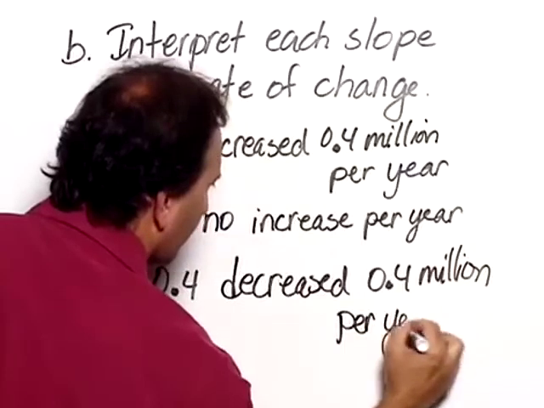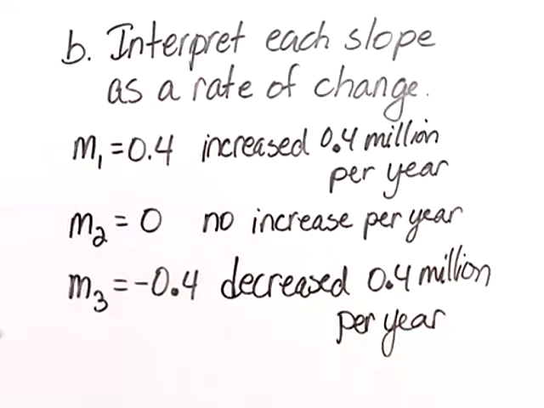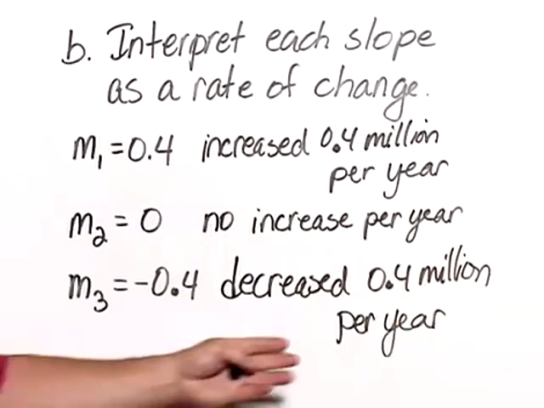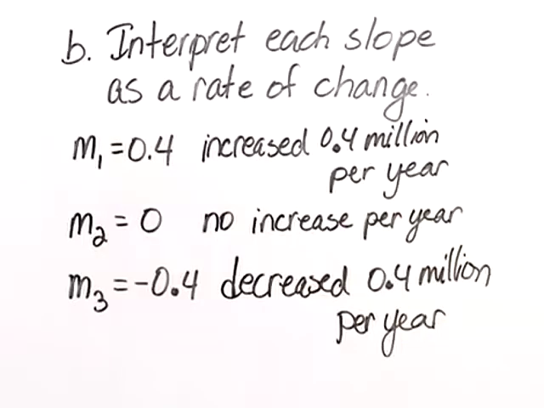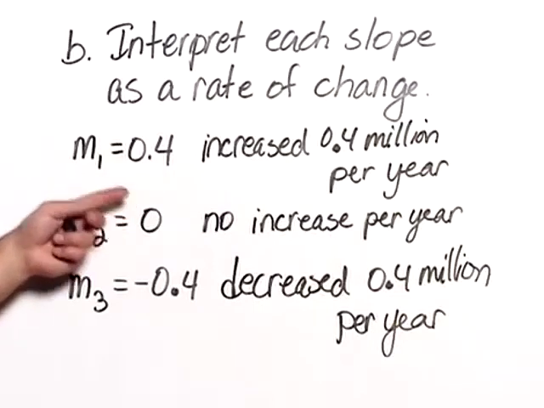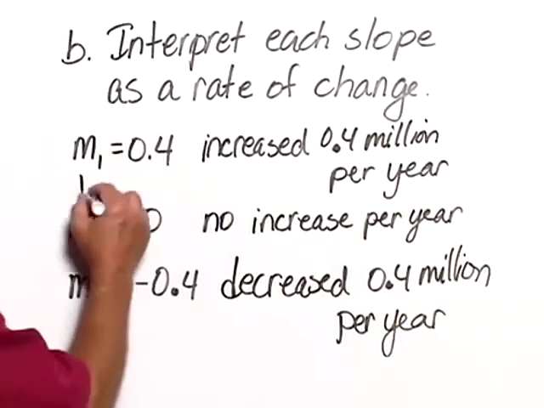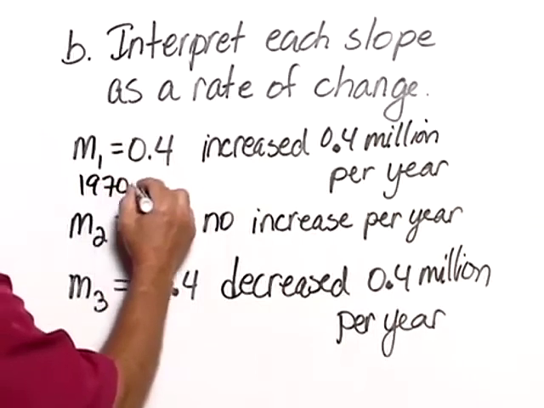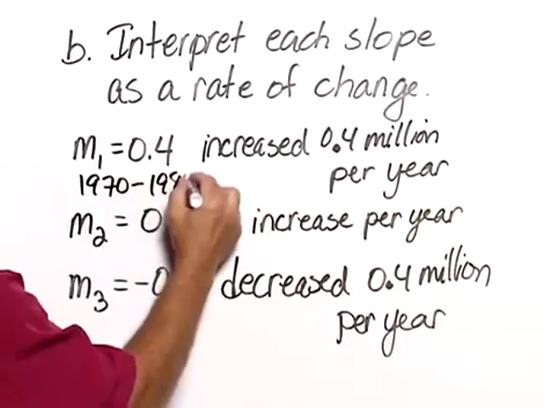per year. Now remember, in all of these cases, those are averages per year. It doesn't actually mean that was the exact number, but over the span of that line segment, in this case, it was 1970 to 1980.